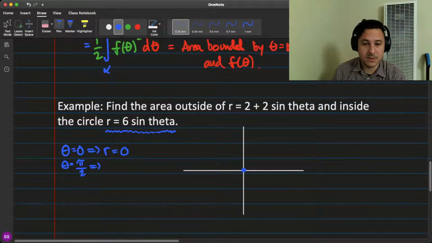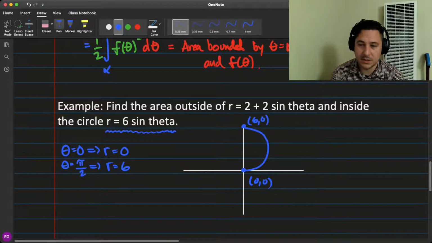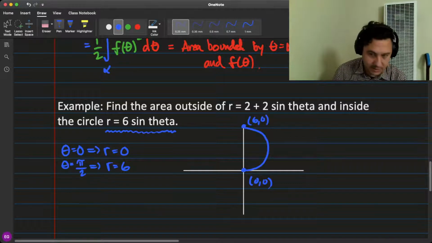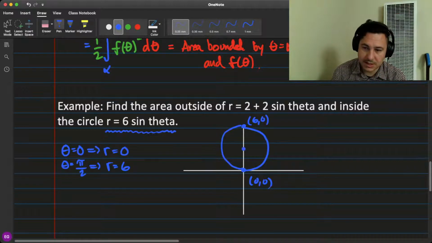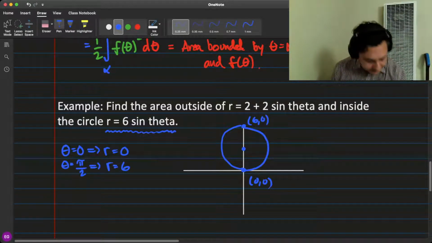Cool. And 6 times 1 is 6. So you actually get these 2 points, (0, 0) and (6, 0). And if you fill in the values between 0 and pi over 2, you get that part of the circle. And if you keep going, you get the rest of it. So you get that it's centered at (3, 0). A little surprising, but not too bad.